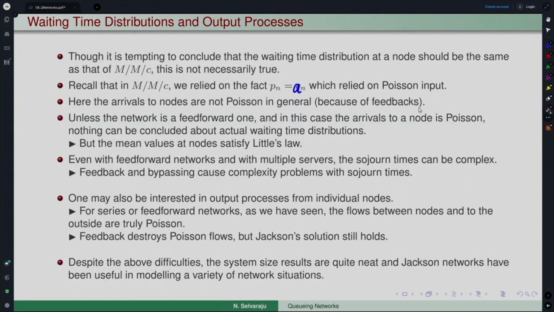Not just that, even in a series or feed forward network, if it is not a single server but multiple servers, say 2 nodes in series with multiple servers, what would happen is that the customer who arrives first will get into service, the second customer will get into the second server, and so on. Once all servers are busy in node 1, the other customers would wait.